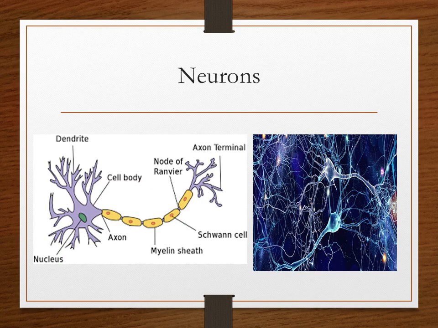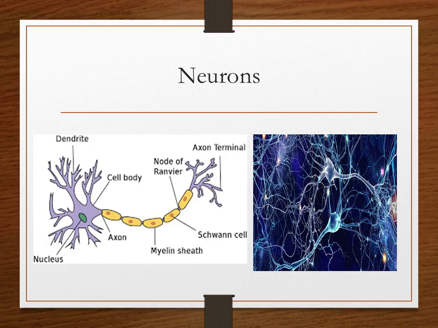The axon is surrounded by cells called Schwann cells, and it is covered by a sheath called myelin sheath or medullary sheath. If you look at the axon, the myelin sheath is constricted into segments at regular intervals, and this point of constriction is called the node of Ranvier.